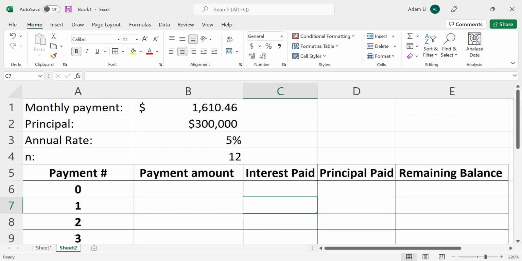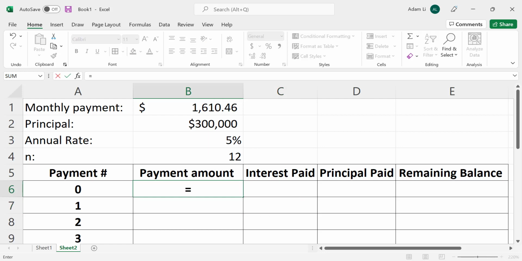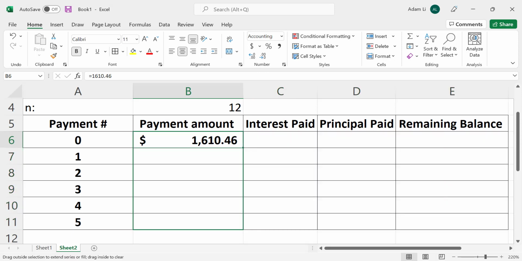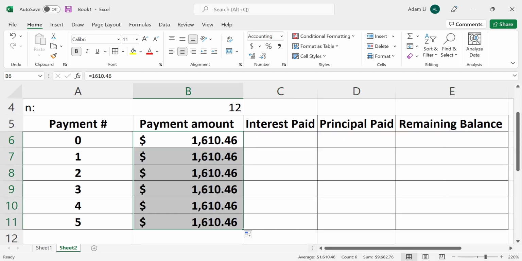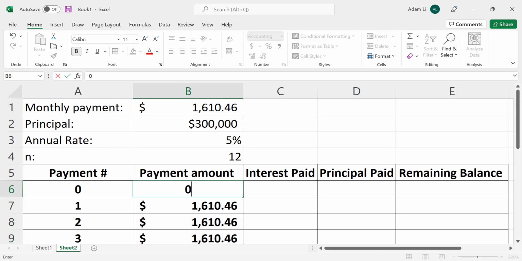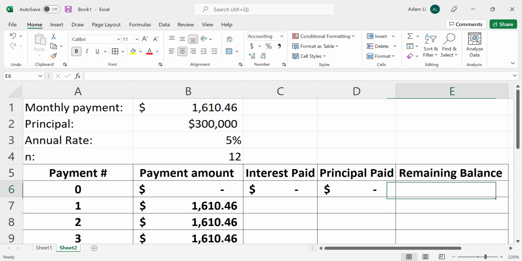It's $1,610.46. I'm putting dollar sign for all of this. So first payment number 0, they do not pay anything. So this is $0. Interest paid 0, principal paid 0, and remaining balance will be 300,000.